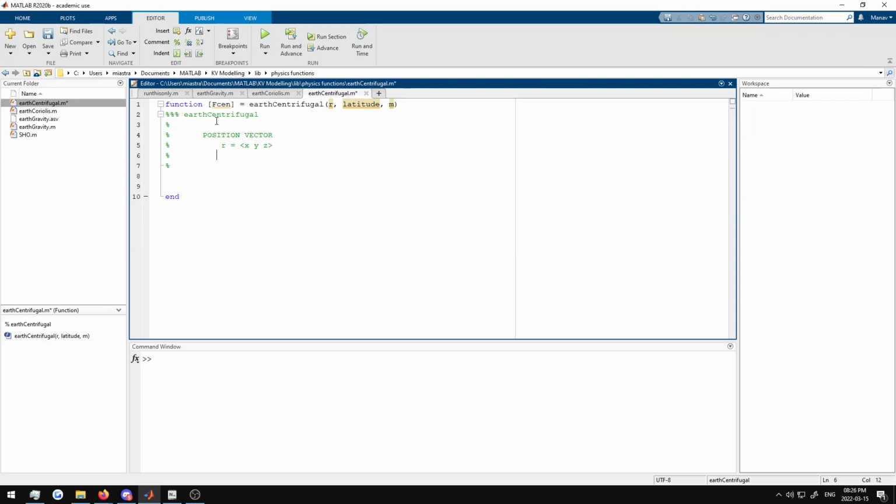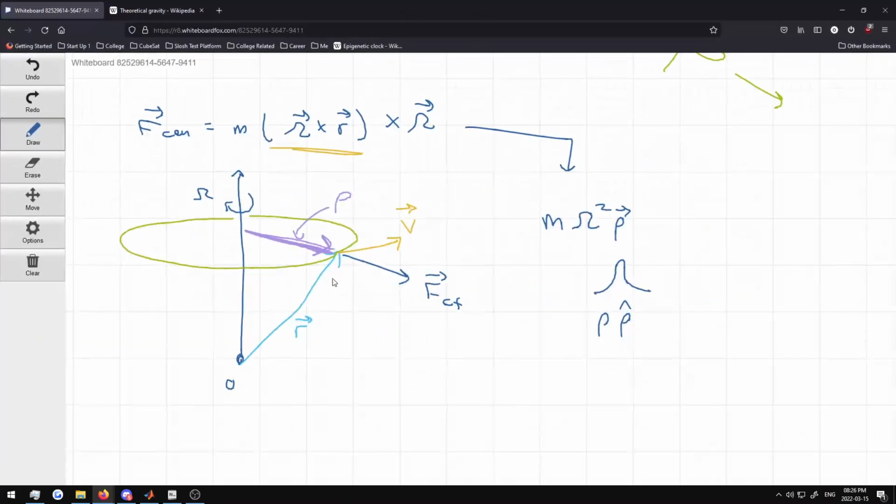We have the centrifugal force, which we know will not act in the x direction, right? So if you can see from this image, when we define our coordinate system here, assuming this is the surface of the Earth, our x vector will go this way, our y hat will go that way, and our z hat will go in this direction.